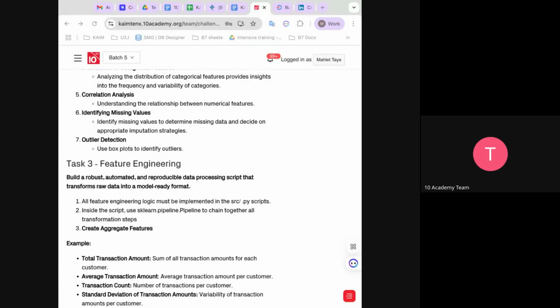So these are proxy signs that you might give for creditworthiness.